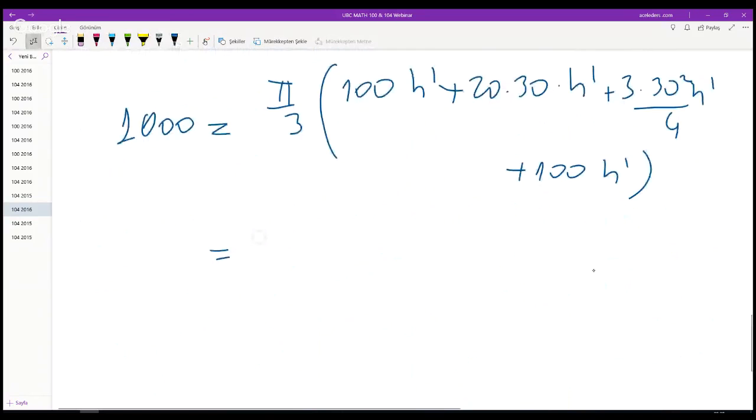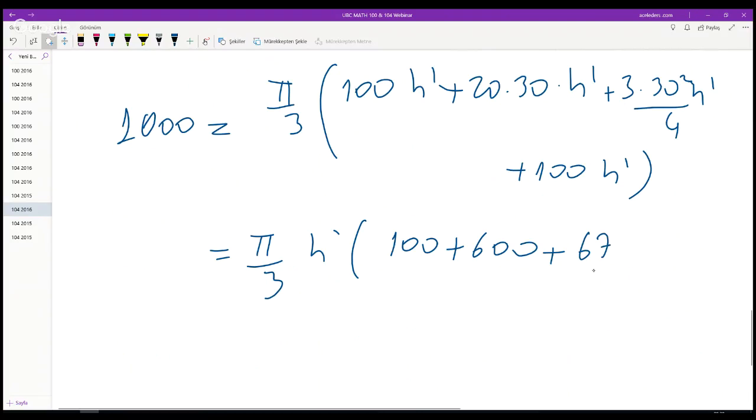So it makes p over 2 h prime, 100 plus 600 plus, so it is like 900 over 4, 225 times 675 plus 100. Okay?